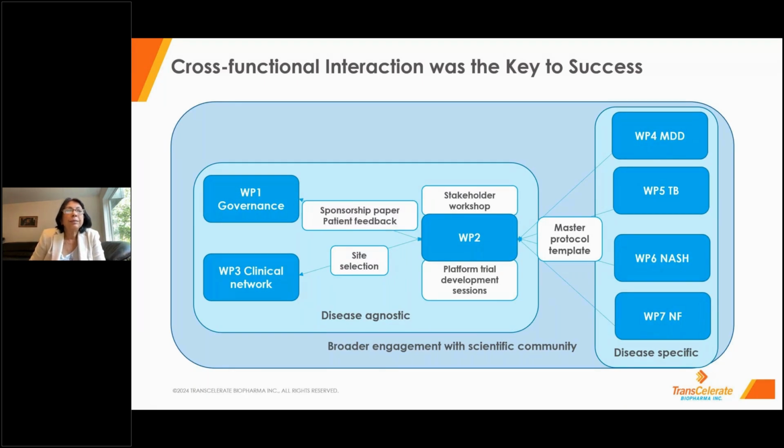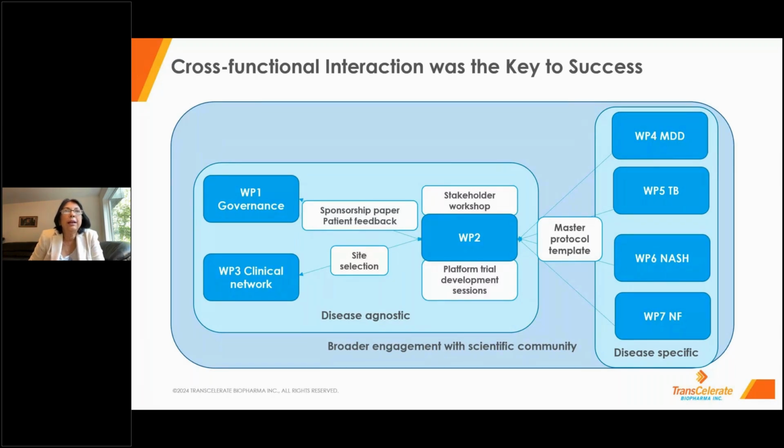So they conducted this in 4 different major disease areas. What they did was they looked at disease areas which were very different from each other, so that they could develop a generic framework. And the project had chosen these 4 contrasting disease areas to inform and validate the design.